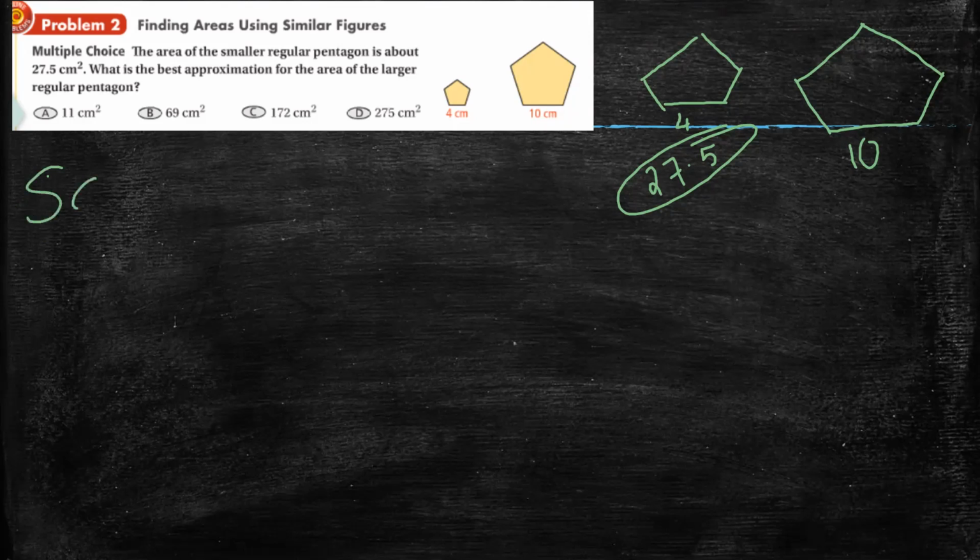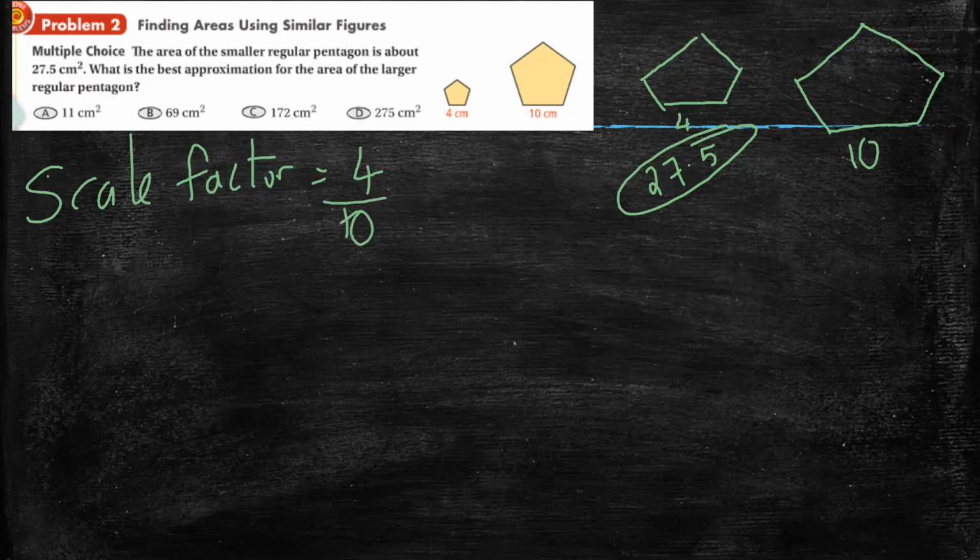For the scale factor here, I need to write the dimension of the first shape to the dimension of the second shape, the given to the given. And don't forget the corresponding dimension. If I used this side, I have to use its corresponding side. So the scale factor here is 4 over 10, the smallest one.